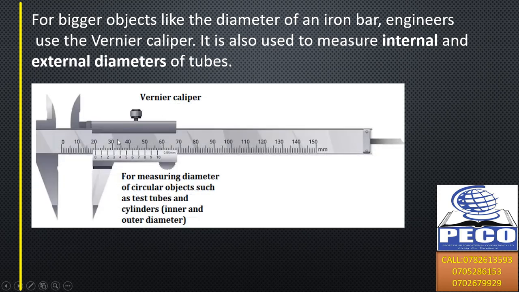Now, this is a picture of the vernier caliper. These jaws up here are used to measure the internal diameter, and these ones are used to measure the external diameter of objects such as test tubes and cylinders. If we were in a lab, I would pick this up and show you, but for now this is the structure of the vernier caliper.